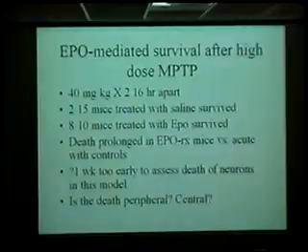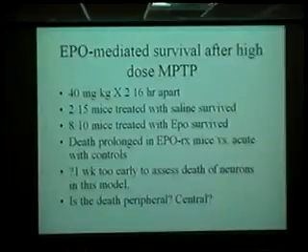But what I didn't tell you is that she was only able to count a subfraction of the animals that we treated, because what we found, and the numbers are now larger, was that erythropoietin was very protective for survival in this model. So we had purposefully picked a high dose of MPTP. A lot of the animals died within a day and couldn't be looked at a week later.